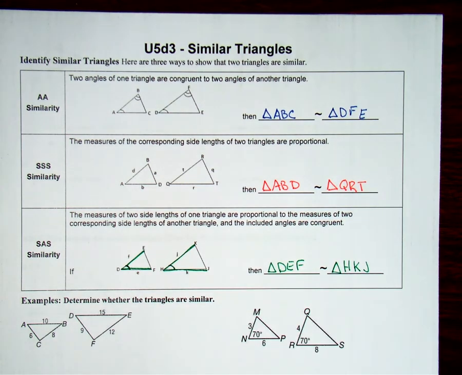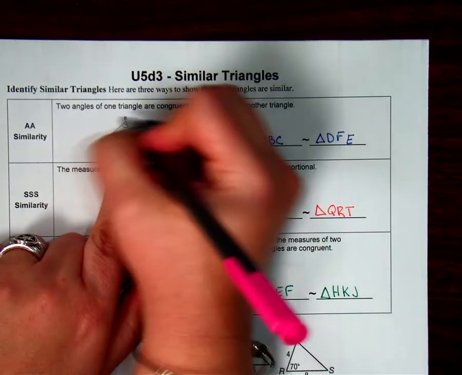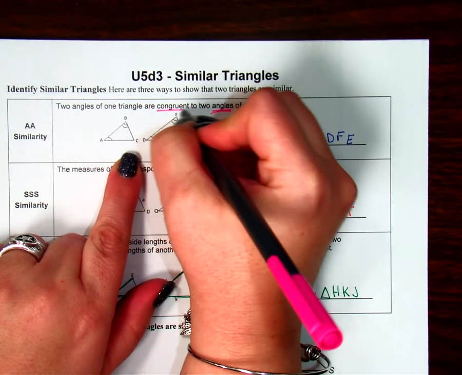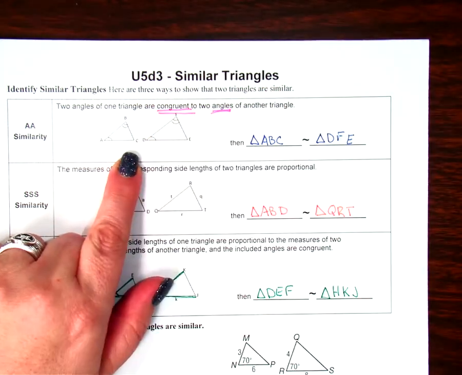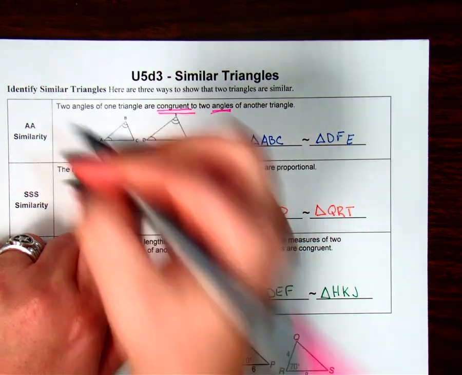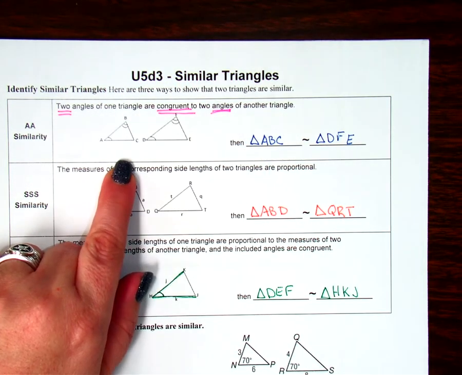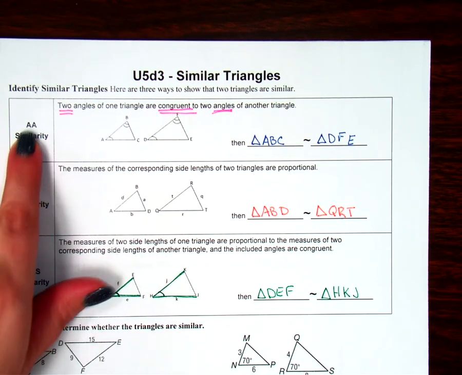So just as a little reminder, with 2 congruent angles, you have the angle-angle similarity.